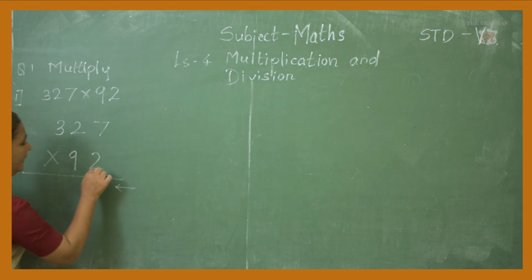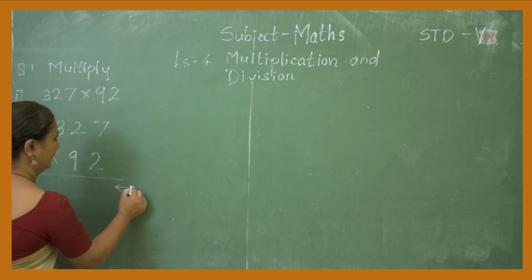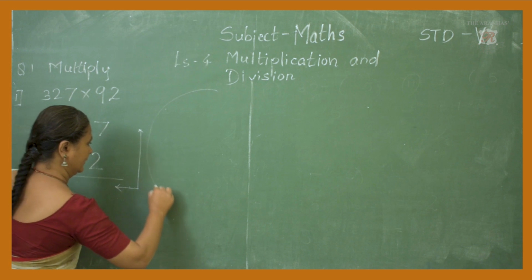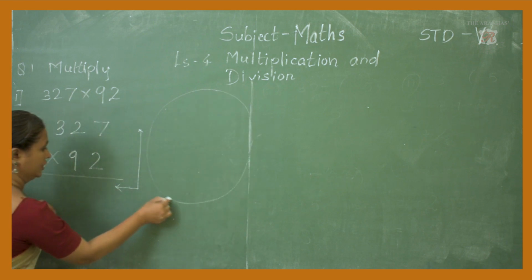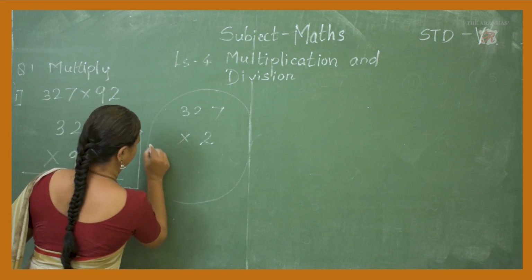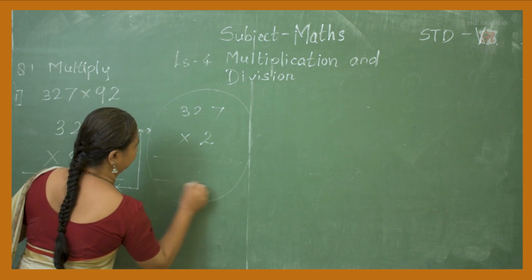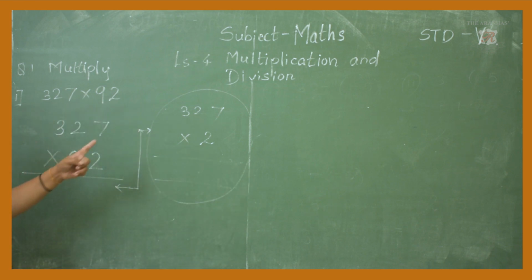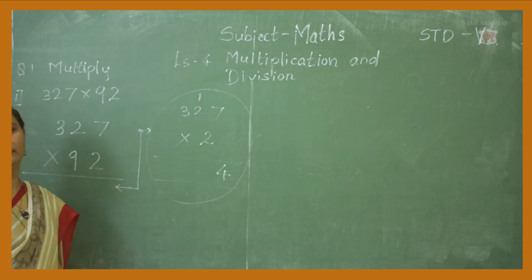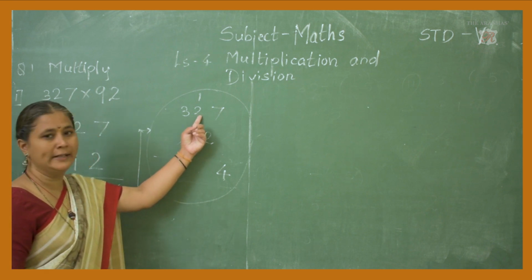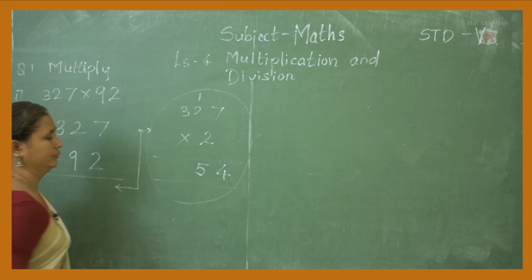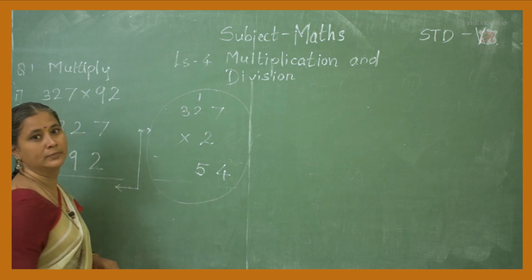Here we have to multiply by 2 units. Now this multiplication I am doing here, this is the rough calculation which you have to do. 327 into 2. 2 sevens are 14, write 4 carry 1. 2 twos are 4, 4 plus 1 is 5. 2 threes are 6.